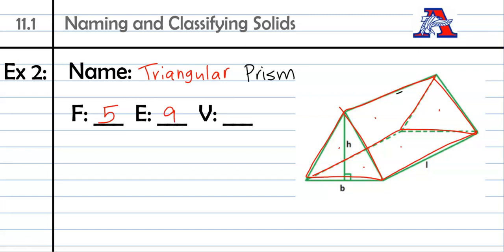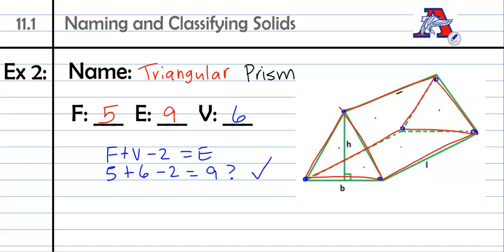And then vertices, remember, are those pointy spots. So 1, 2, 3, 4, 5, 6 pointy spots. Okay, so let's use Euler's formula. So again, Euler's formula says faces plus vertices minus 2 equals edges. So if we try it, 5 plus 6 minus 2 equals 9. Is that true? 5 plus 6 is 11. 11 minus 2 is 9. Yes, we got it right.